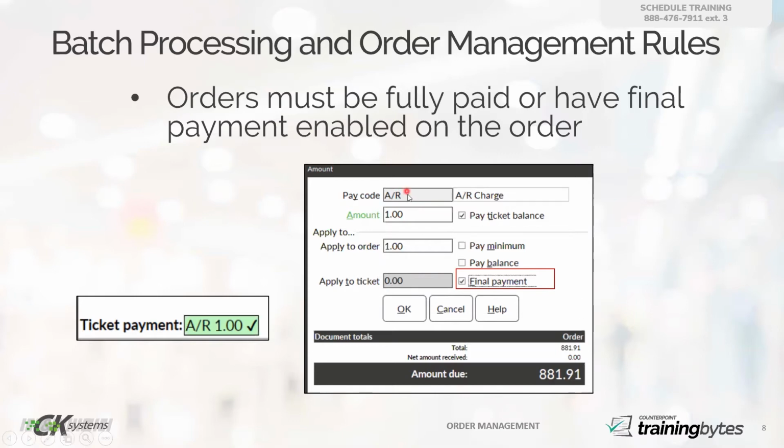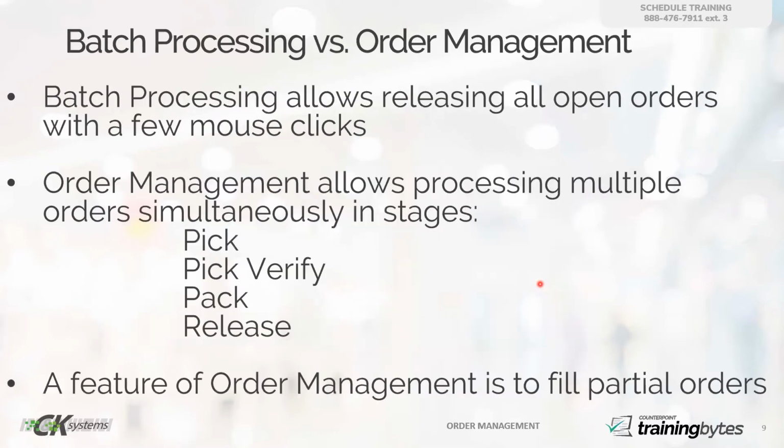In this example, I took a deposit of $1 for AR. And then I came down here and I enabled final payment. And what that means is when the order is released, Counterpoint's automatically going to charge the balance of the order due to AR. This also works for credit cards. I wouldn't use it for cash or checks, not very practical.